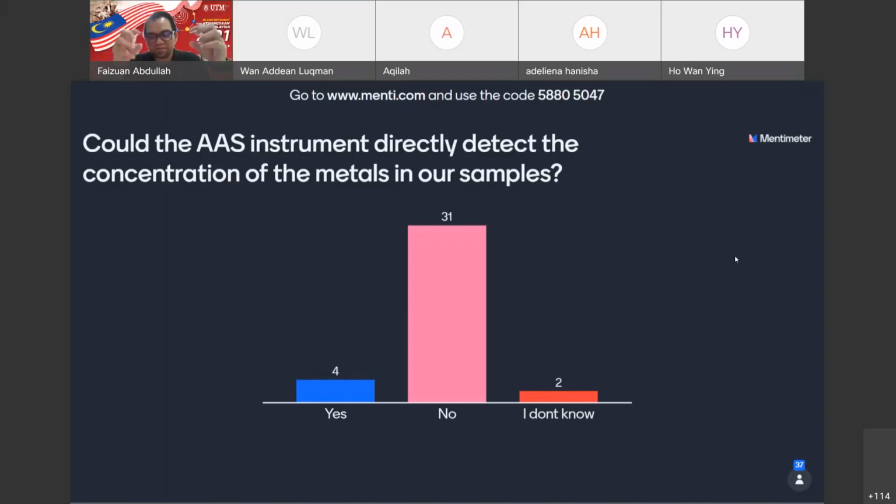For example, today we have zinc in the sample, and the AAS will directly tell us this is the concentration. Can the AAS do that? Yes, no, or don't know, please vote.